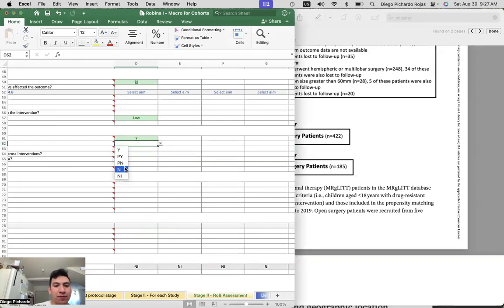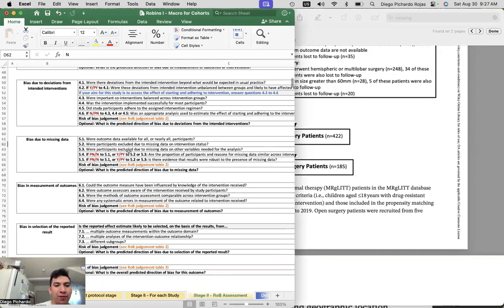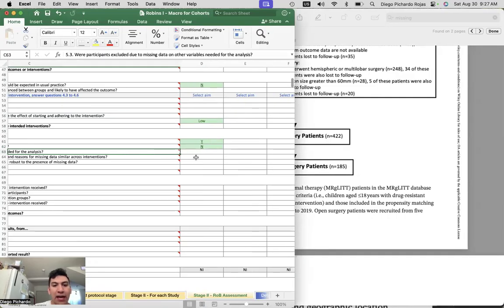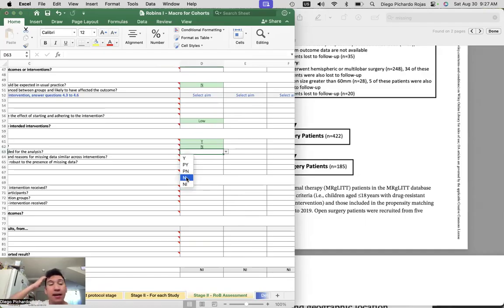No. Were they excluded for any data sets? If we looked up missing and they said, oh, we excluded patients if they didn't have their last known well outcome, that's why they were excluded, but it didn't happen here.